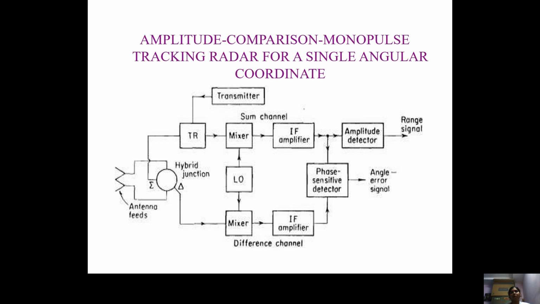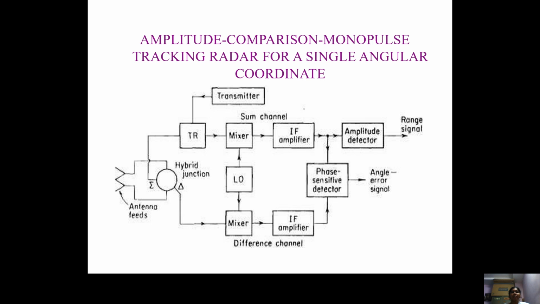Here we have a block diagram of an amplitude comparison monopulse tracking radar for a single angular coordinate. Here we determine only one error signal, because we are operating in a single coordinate only.